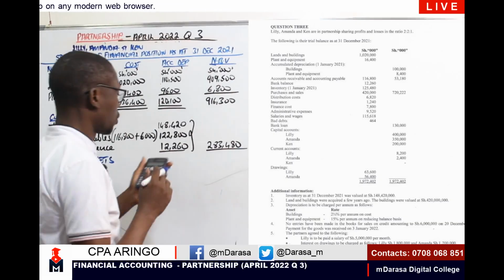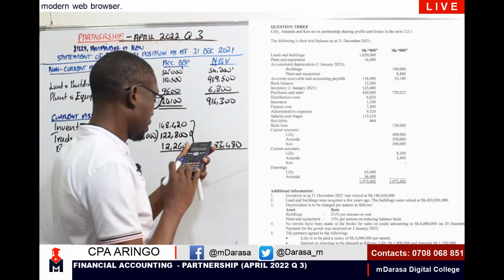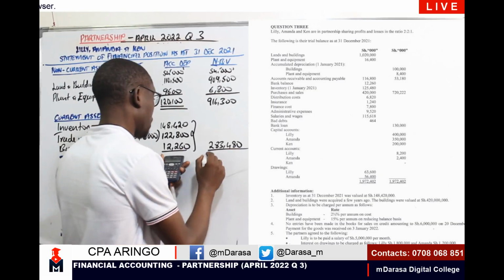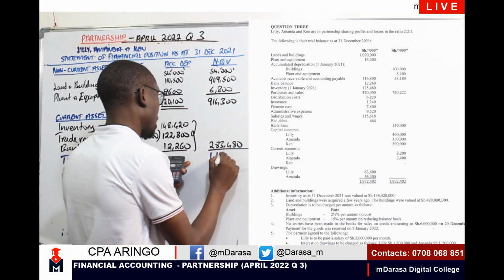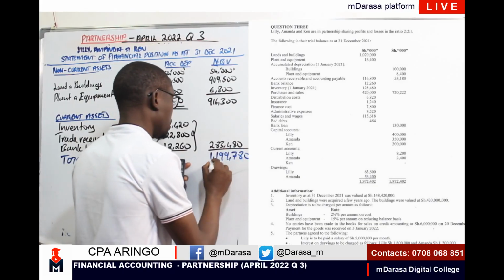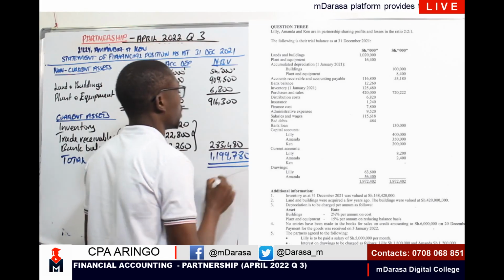Plus 916,300, my total assets I'm having 1,199,780.